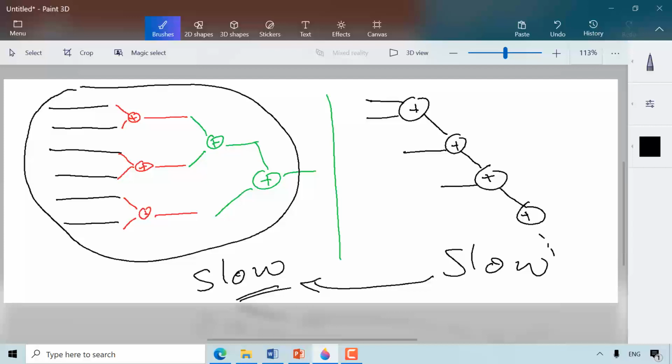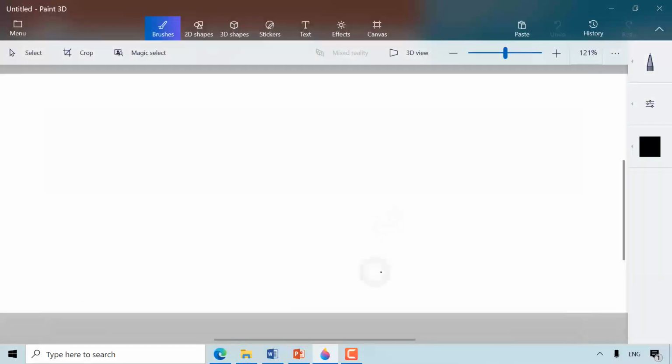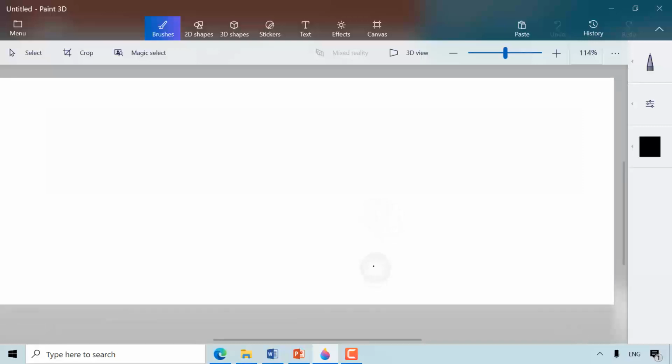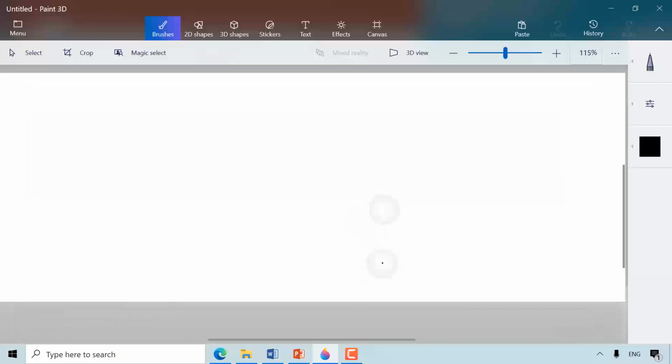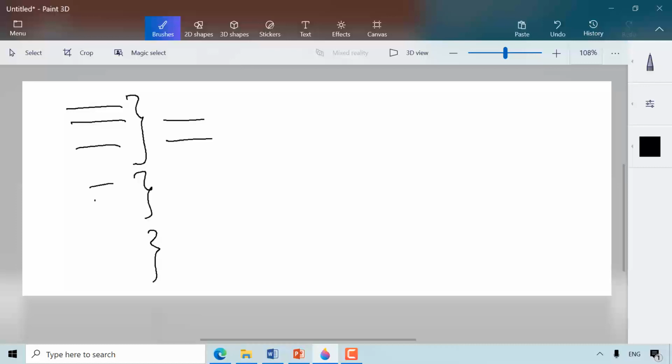Well, it's time to think of a new strategy. One way to do it is to reduce the number of rows that we are adding. Basically, we take three rows and compress them into two rows, and we continue doing so. Suppose I have nine numbers to add.